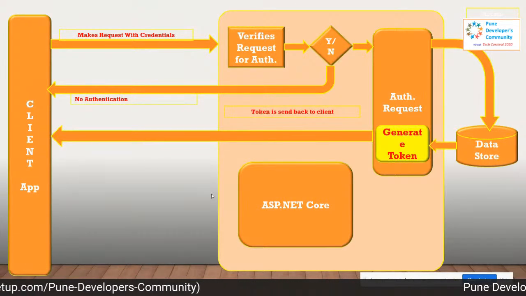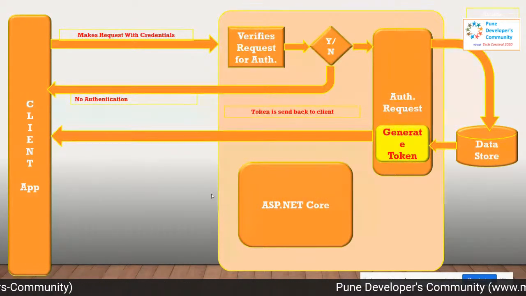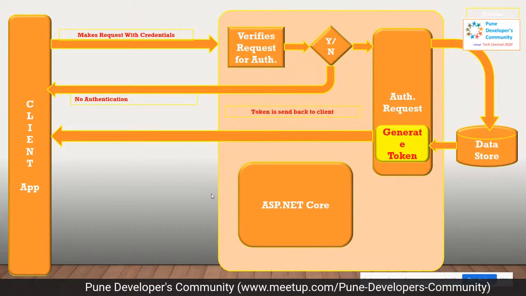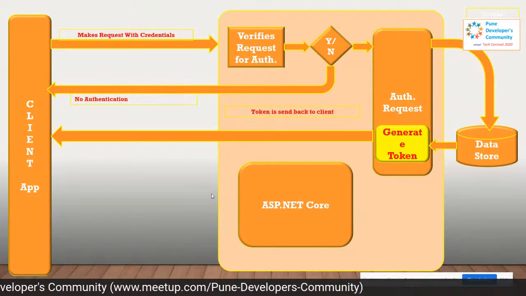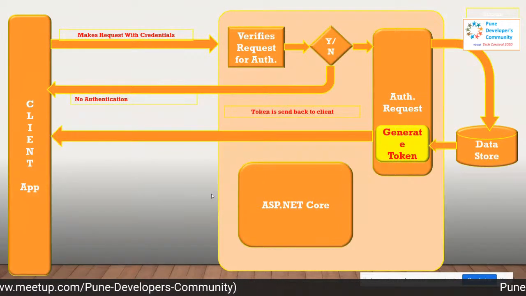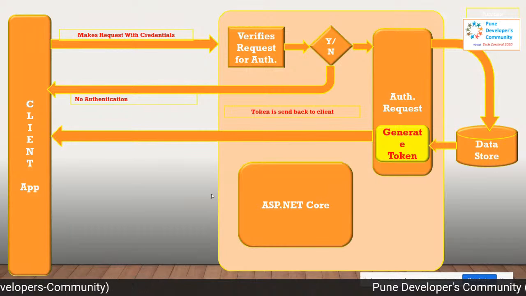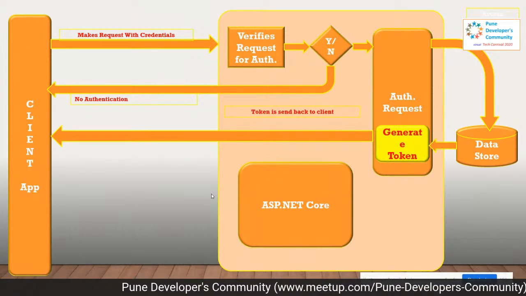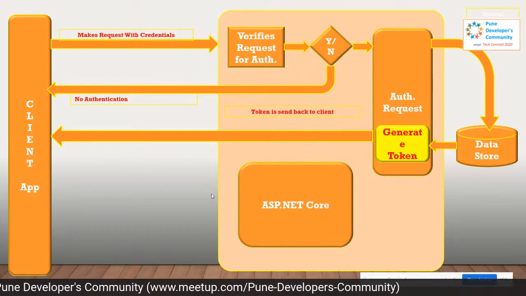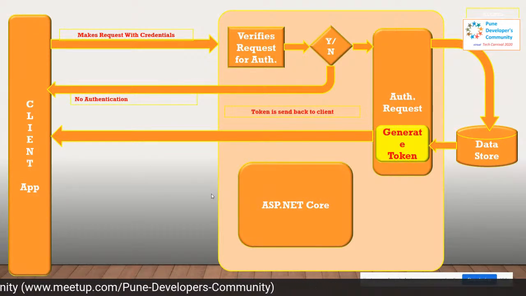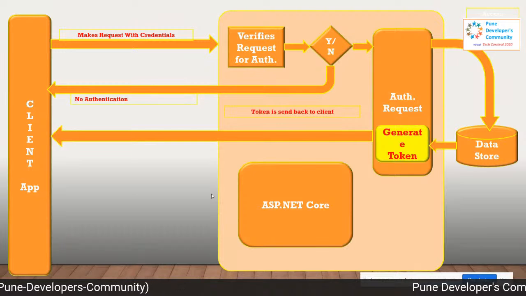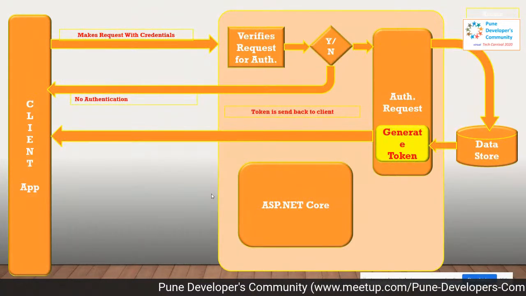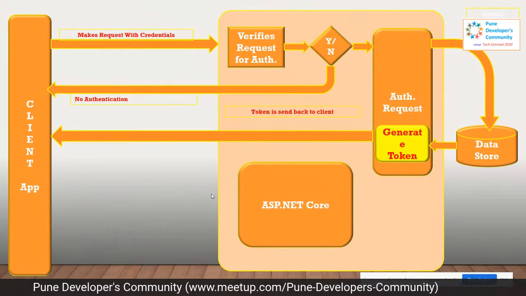I'll give the use case over here: you want to take care of the refresh token integrity. If the access token, your JWT, is expired, and now you want to generate a new token by an auto authentication mechanism, then what you can also do is store the access token and refresh token both at the database server.